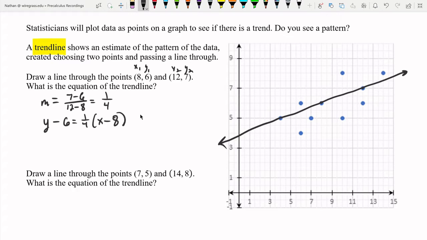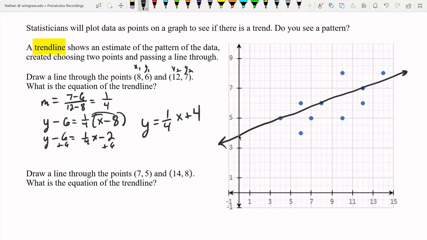That's the point slope form of a line. Solve it for y to get the slope intercept form. y minus 6 equals 1/4 x minus 2. Add 6. We get y equals 1/4 x plus 4.